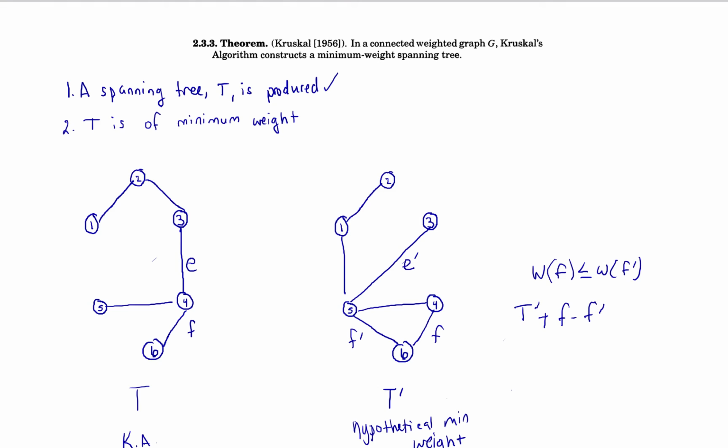And we do have to remove F prime because otherwise, again, we're going to end up with a cycle, and that is prohibited by our algorithm. We also know at this point that in addition to the weight of F being less than or equal to the weight of F prime, we know that our new tree, WT, has to be less than or equal to WT prime.